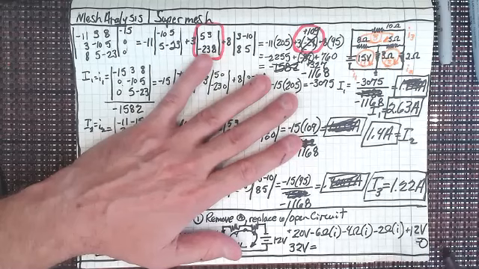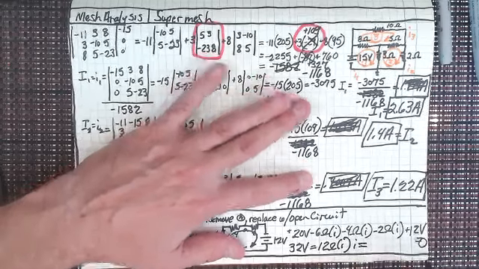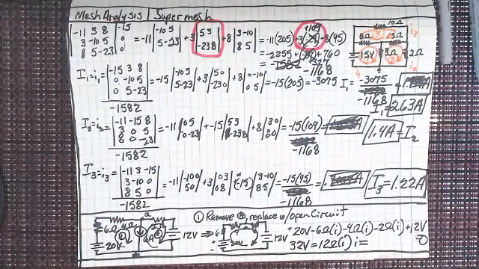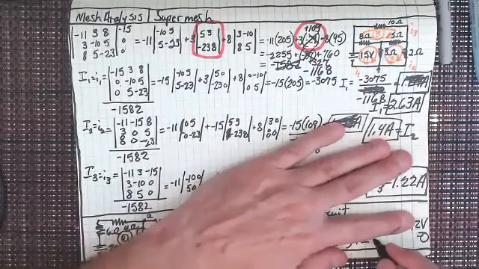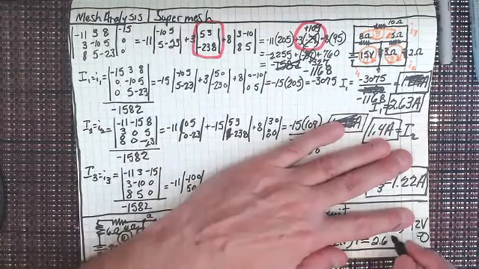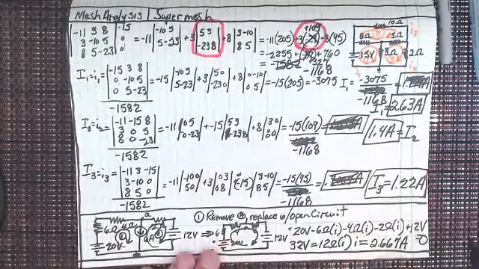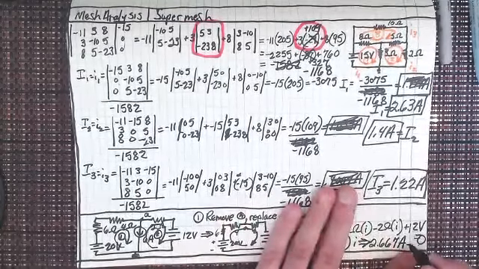Take the minus, throw it on the other side, and that gives me 12 ohms times I, or I equals 32 divided by 12. 32 divided by 12 is 2.667 amps. Right? I'm just going to put that equals I.